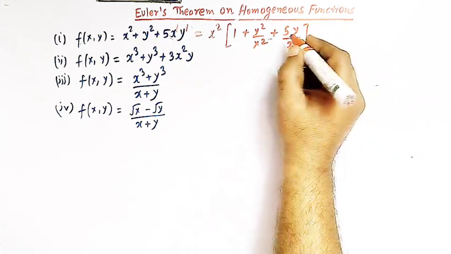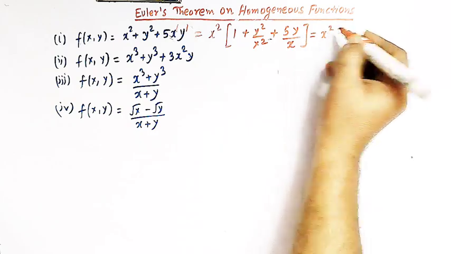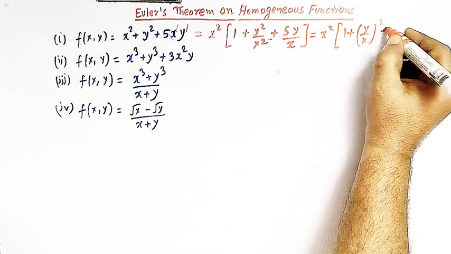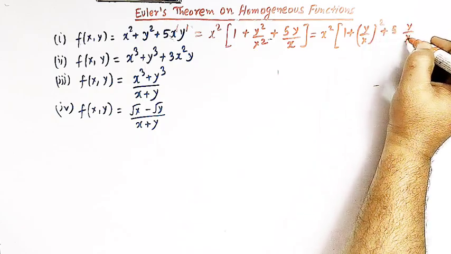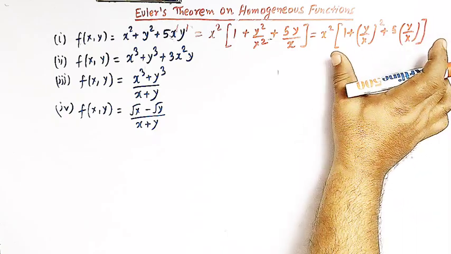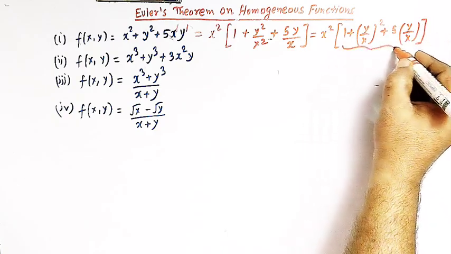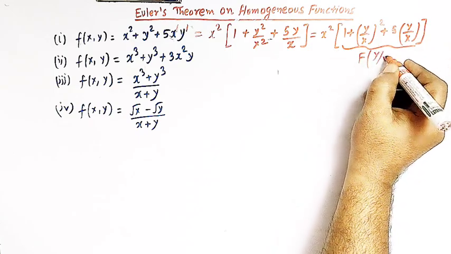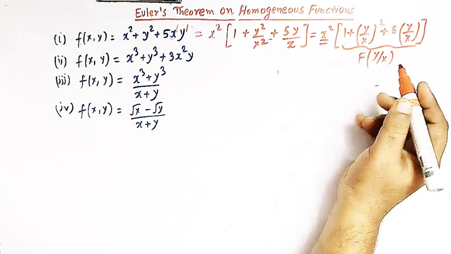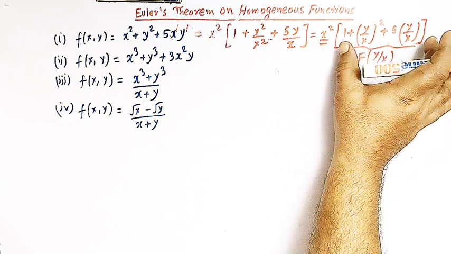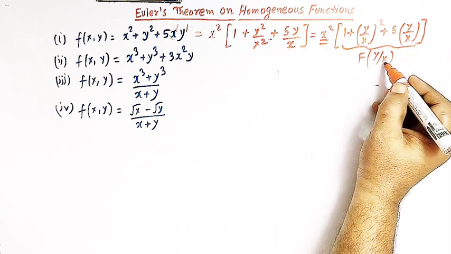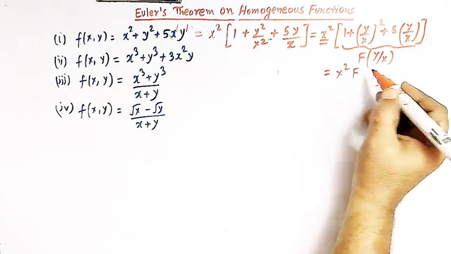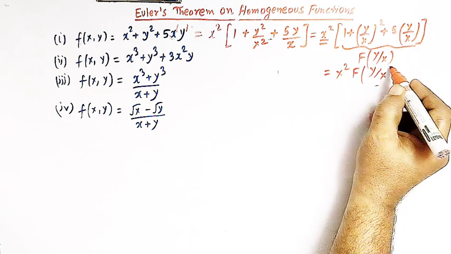So we can further write x square times 1 plus y over x whole square, plus 5 times y over x. Now this is a function of y over x, and here we have x square. If we denote this expression by capital F of y over x, then we can write x square times F of y over x.